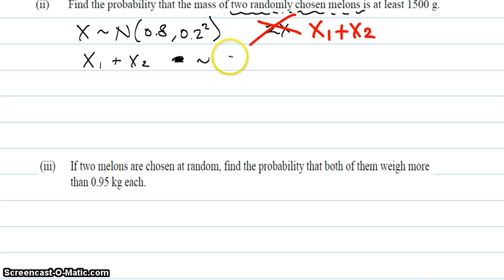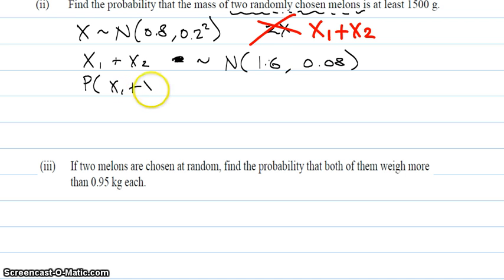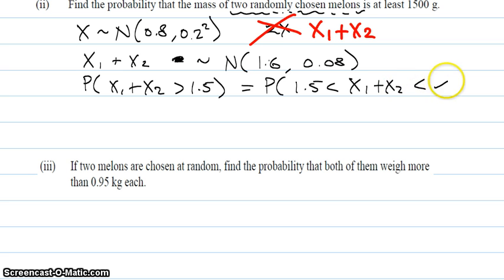So this one is going to be normally distributed with a mean of 0.8 plus 0.8, so 1.6, and a variance of 0.2 squared plus 0.2 squared, so 0.08. This is of course in kilograms, so I want the probability that X1 plus X2 is bigger than 1.5 kilograms. That's the same thing as 1.5 being less than X1 plus X2 being less than infinity.